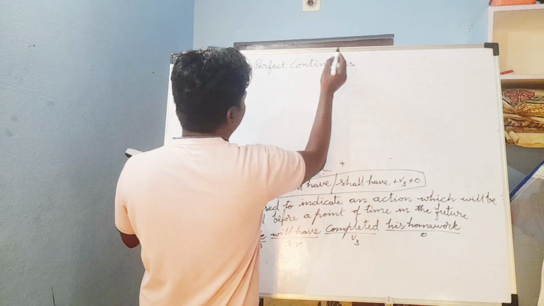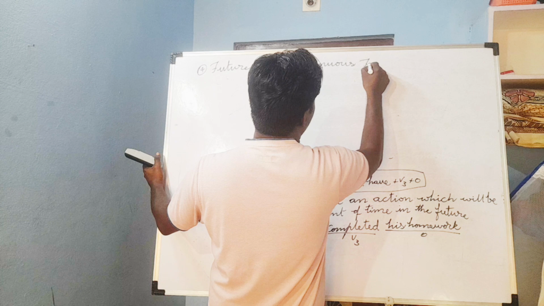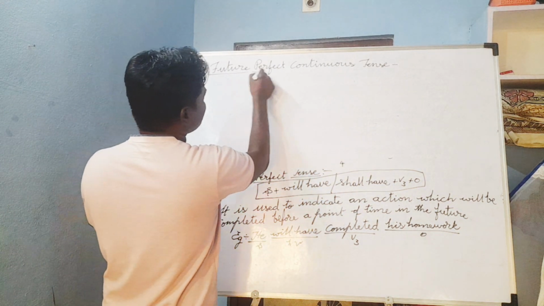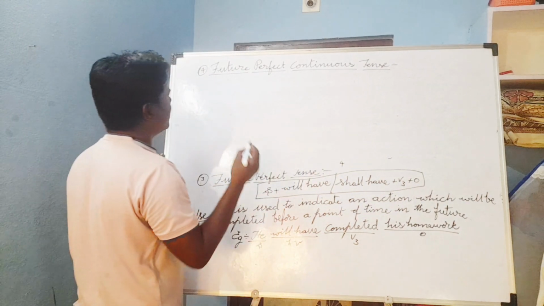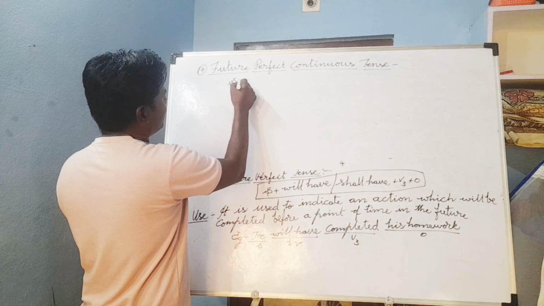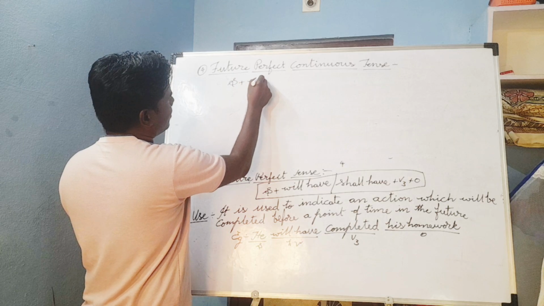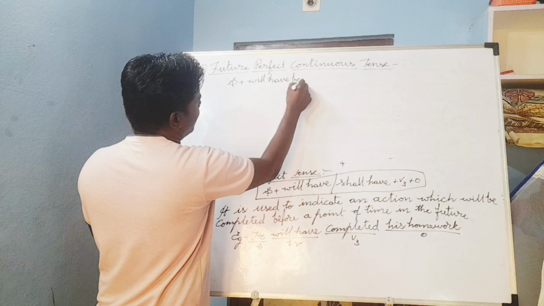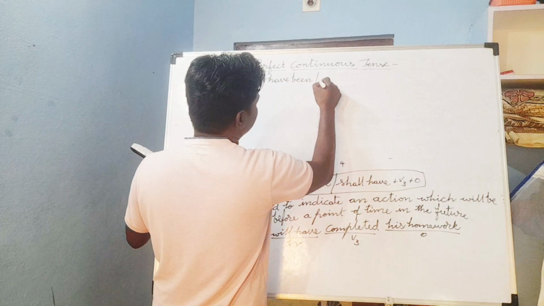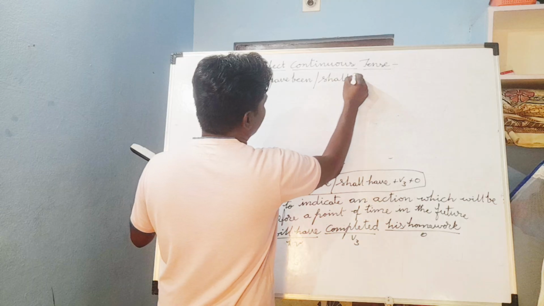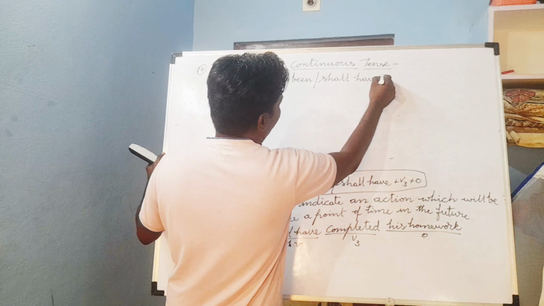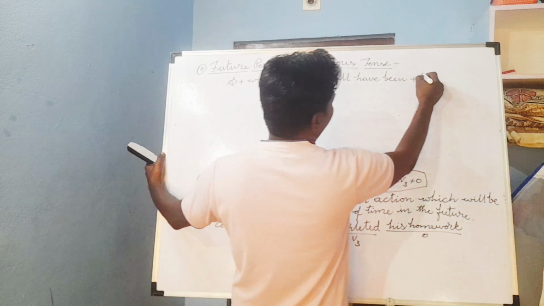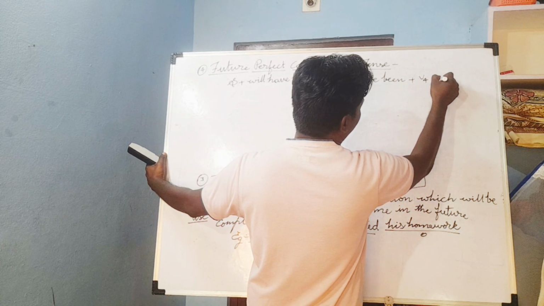The structure for future perfect continuous tense is subject plus will have been or shall have been plus V4 plus object.